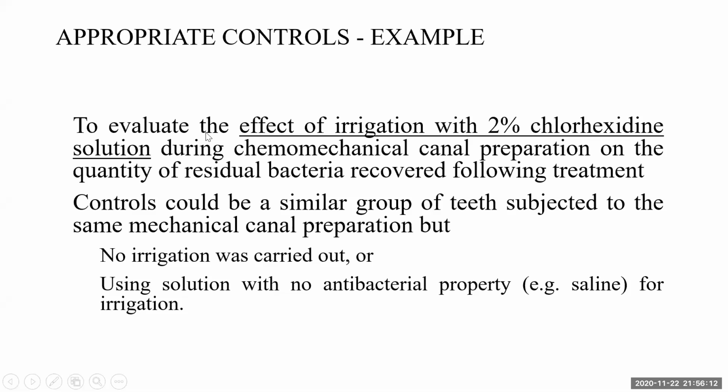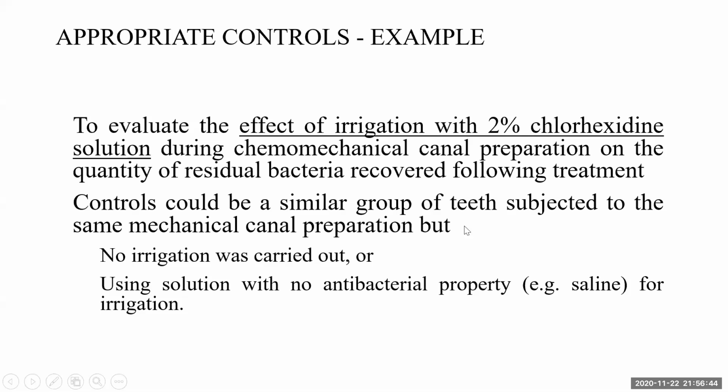Another example is to evaluate the effect of irrigation with 2% chlorhexidine solution during chemomechanical canal preparation on the quantity of residual bacteria recovered following treatment. Controls should be a similar group of teeth subjected to the same mechanical canal preparation, but either no irrigation was carried out or using a solution with no antibacterial property.